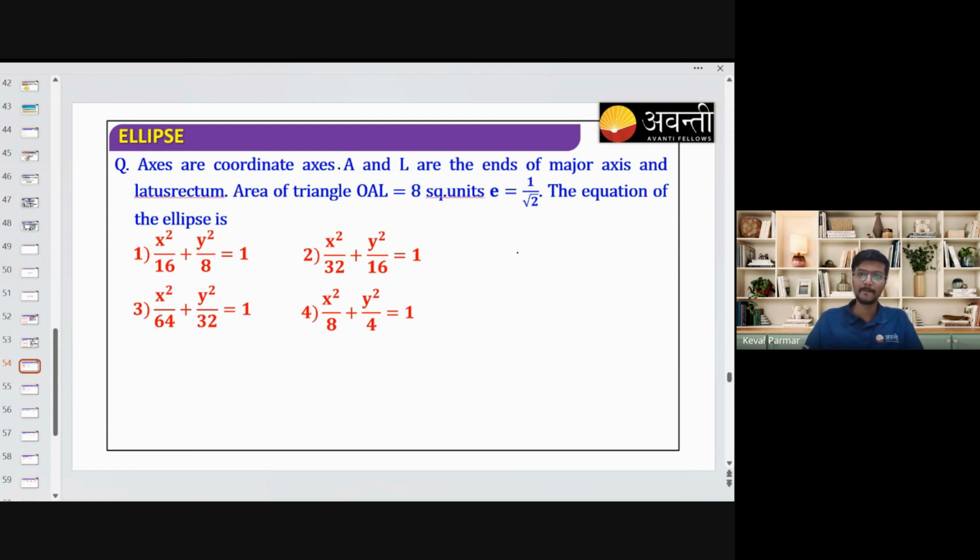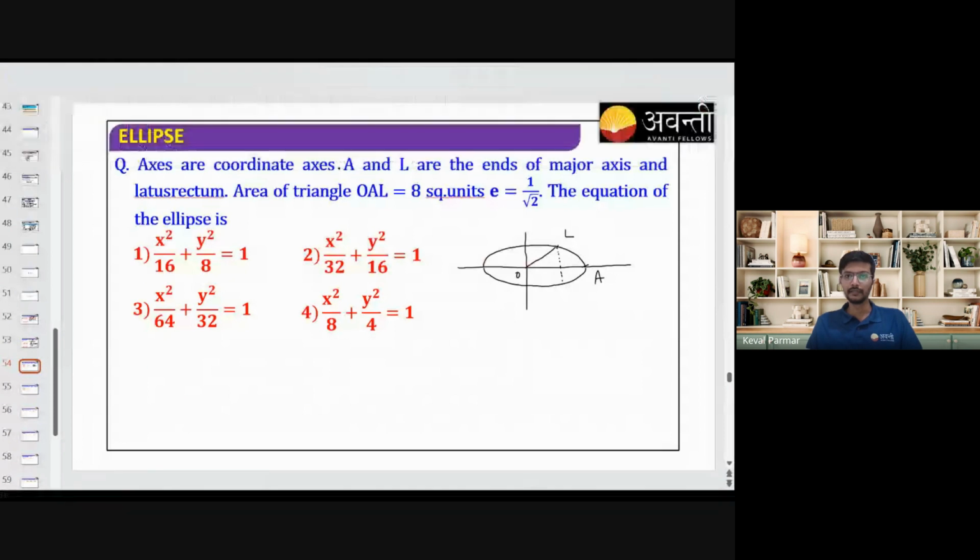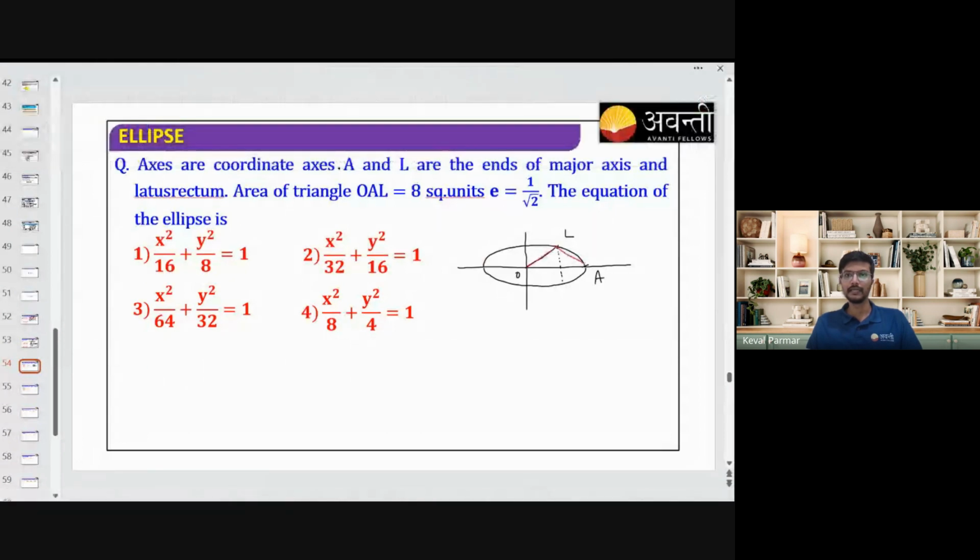So if I try to draw a diagram, this will be the ellipse. A and L are the ends of the major axis. A, here is the L, and latus rectum. This triangle is OAL.